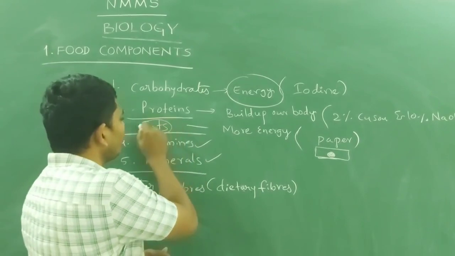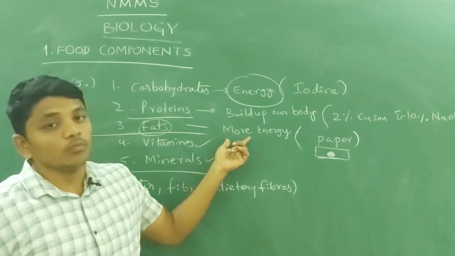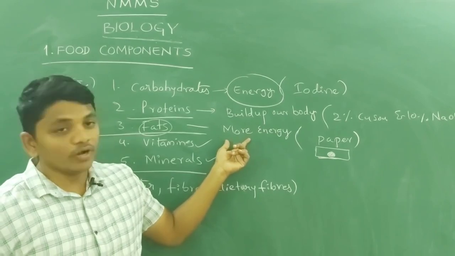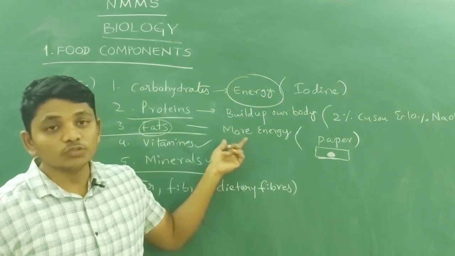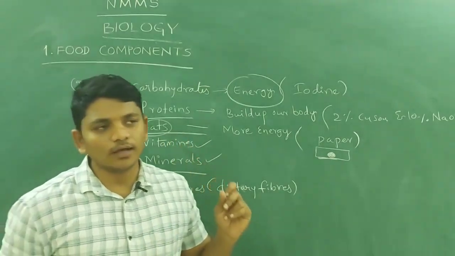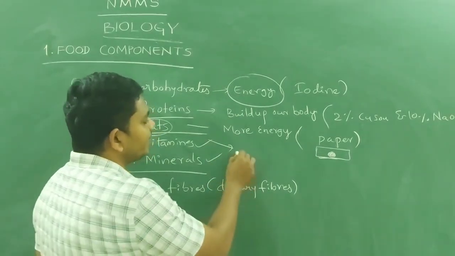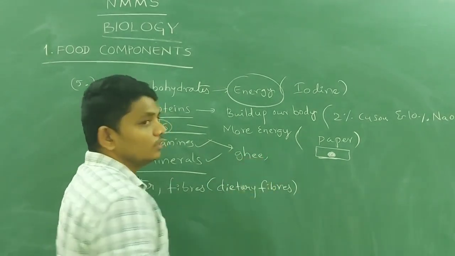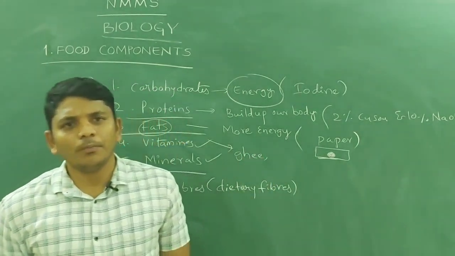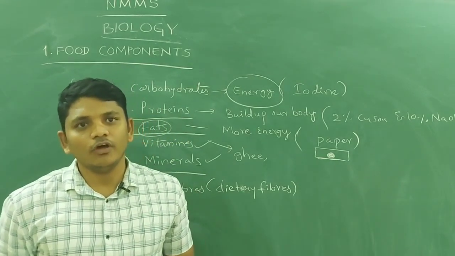Let us discuss fats. I already said that fats are very important to our body for giving us more energy when compared with carbohydrates. Mostly these fats are located in milk products like ghee and also butter. They are also present in oils.